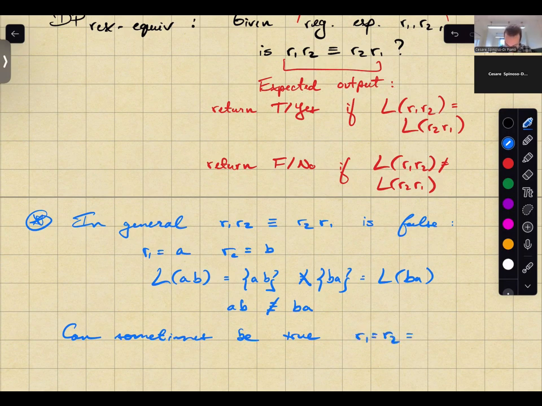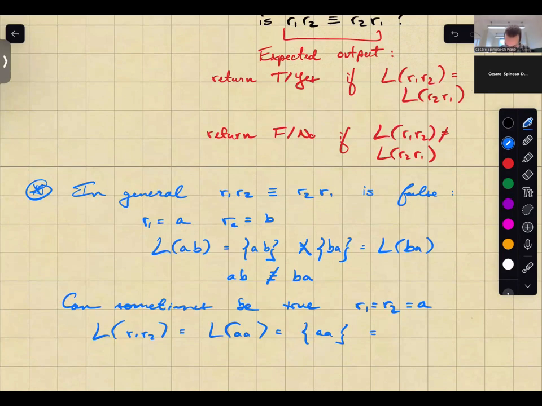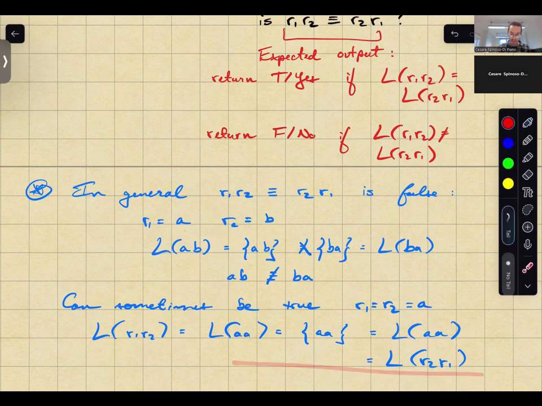So for instance, they're both equal to A. Then for sure, L of R1, R2 is L of AA, which is the set that contains AA, which is going to be the same as L of R2, R1, because this is L of AA again, right? And so essentially what we're trying to do is we want to design an algorithm where instead of having to check this manually, the algorithm just does it for us. Okay? So that's kind of what we're looking for.